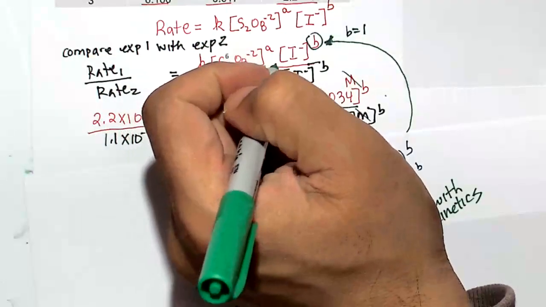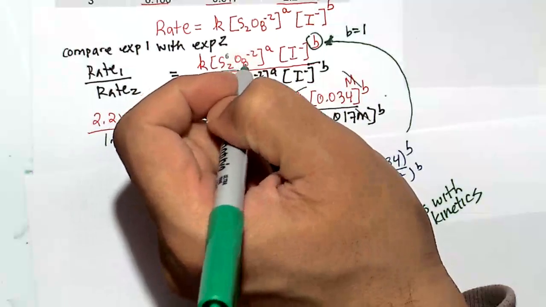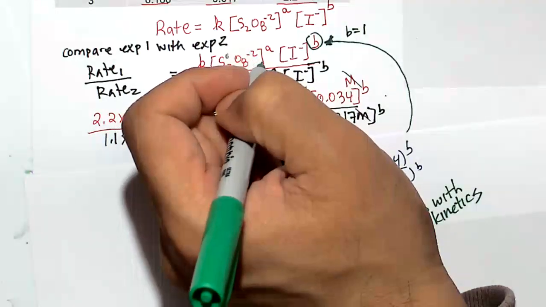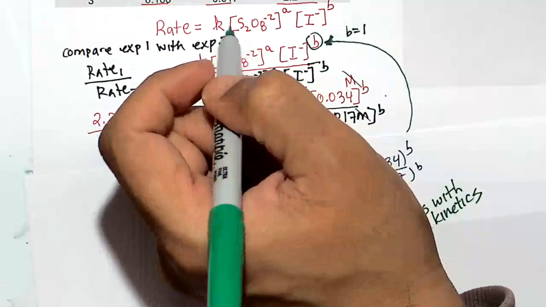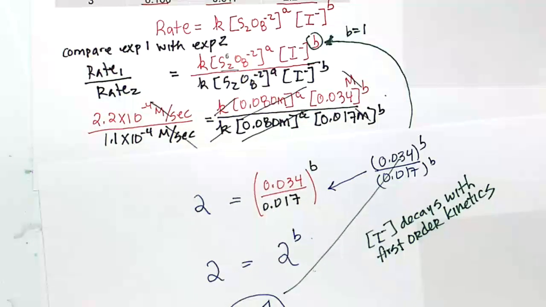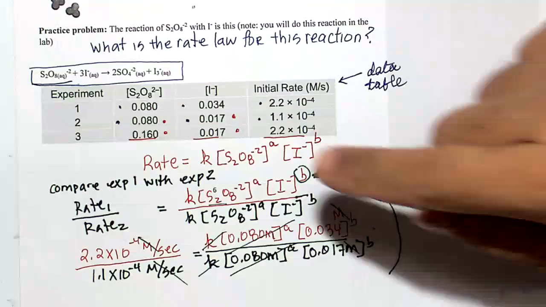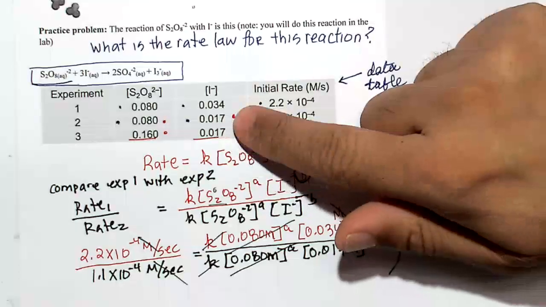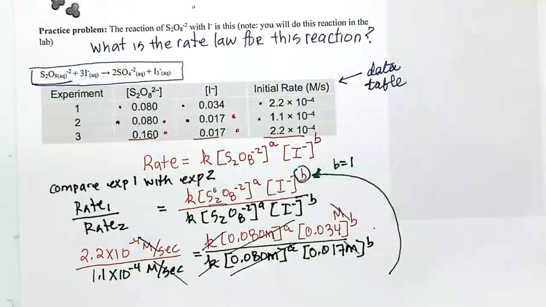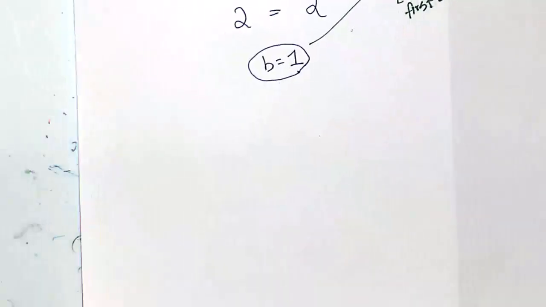Now we're going to calculate exponent A. We need to determine whether this reactant reacts with 0, first or second order. For that, I am going to compare experiments 2 and 3.